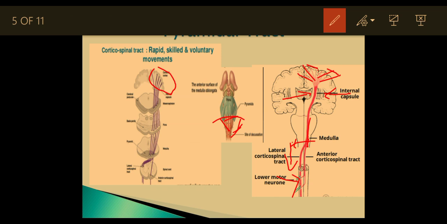These fibers are also called the indirect corticospinal tract, or the crossed pyramidal tract, or the lateral corticospinal tract.